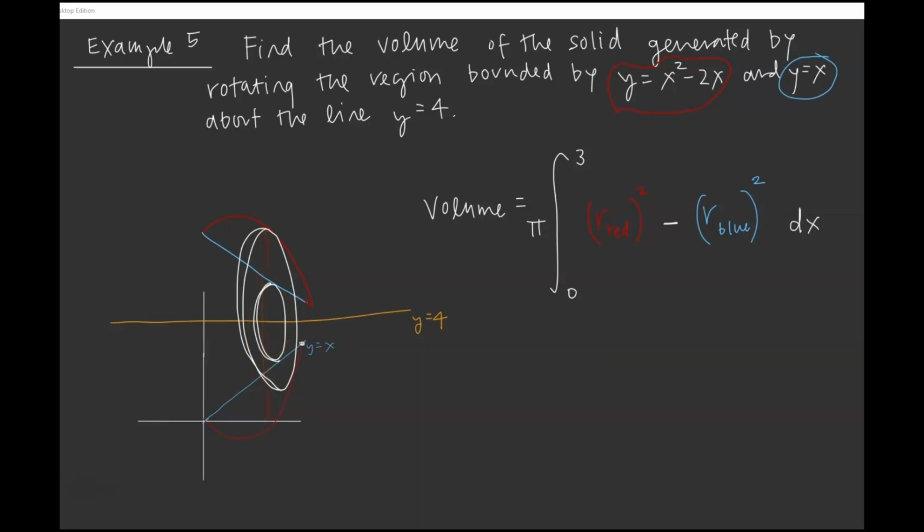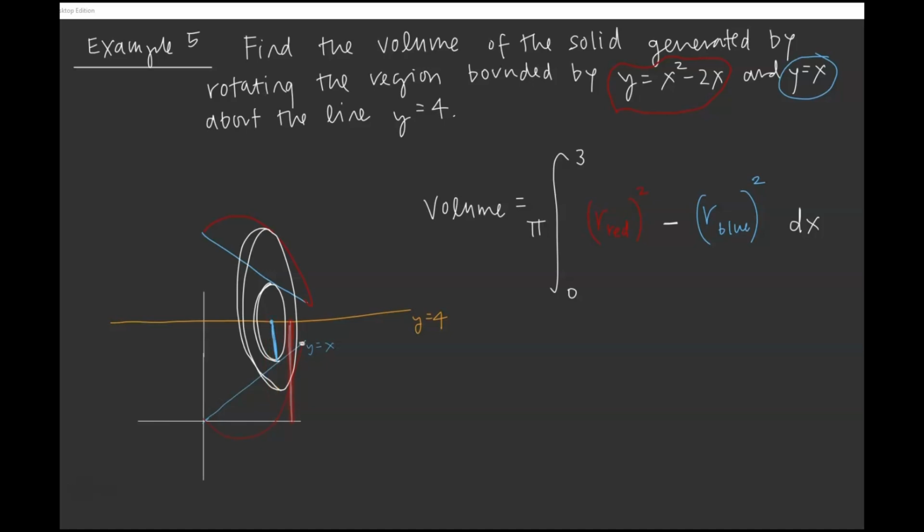So let's start with the easier of the two radii to calculate. We need the radius of this part of this inner circle. And the answer is not that it's x. The line that's being used is y equals x, but we want to think about it: we have a length of 4, and then we subtract off this height. So 4 minus y.